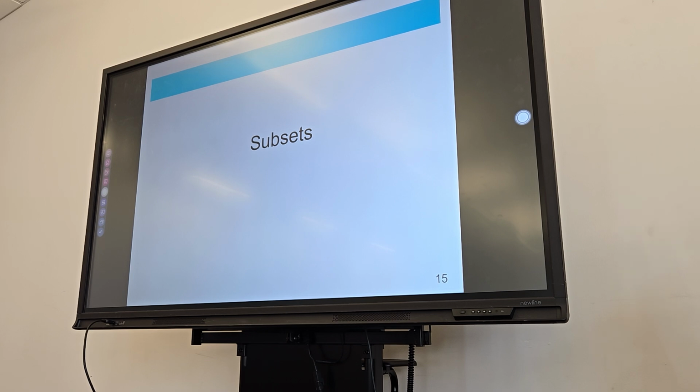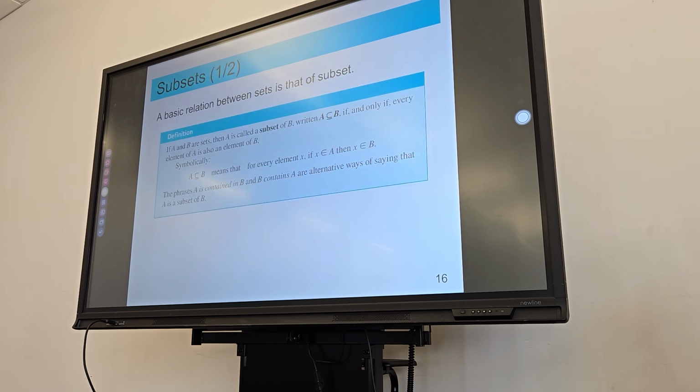Now, subsets. A basic relation between sets is that of the subset.